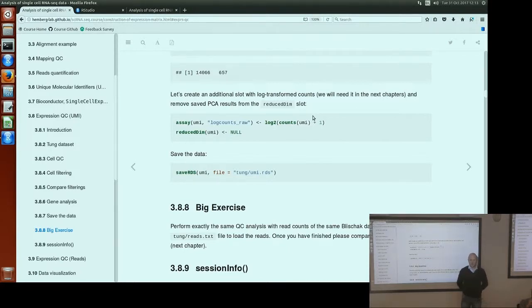Okay, if there are no questions, you can move to the next chapter and do the same exercise. All the steps that we've done for molecules, UMI counts, you can do for the reads instead. Look at the distributions, the QC plots, mitochondrial genes, and see what the differences are between the reads and the UMI counts.